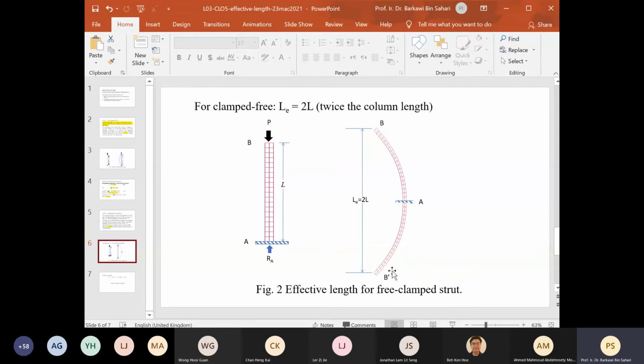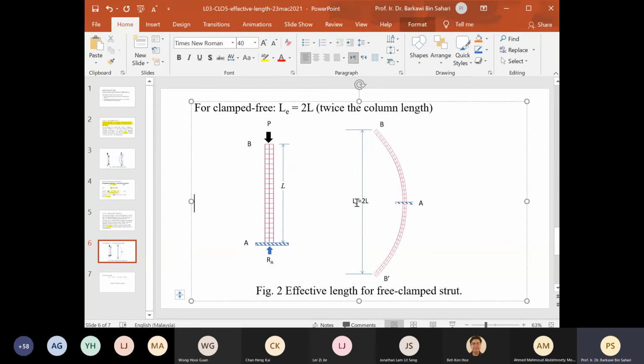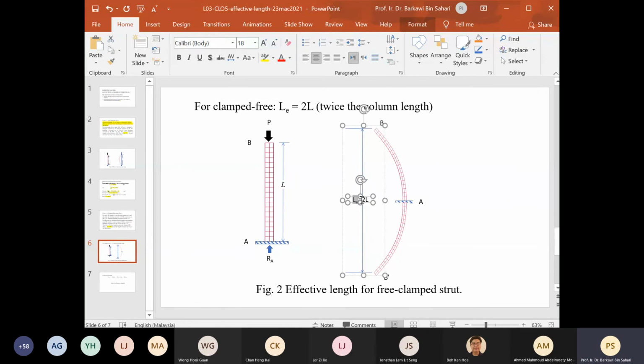So now we have this AB dash as the imaginary column, which is a mirror image of the actual column AB, so that we can identify the zero bending moment. So effective length for this case is twice the length of the column, 2L. Okay, so that's how it is determined from the definition.